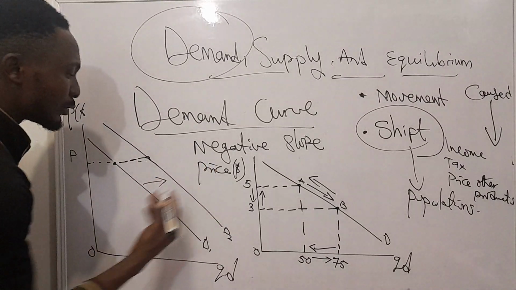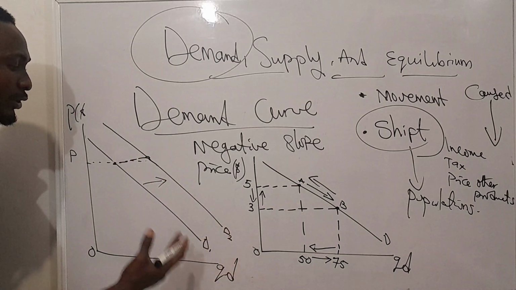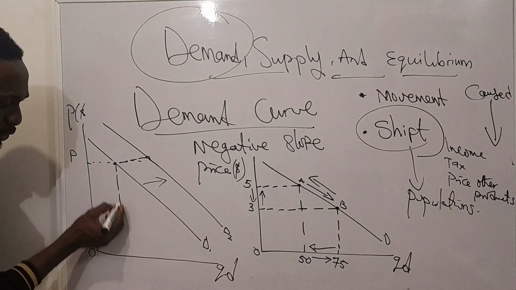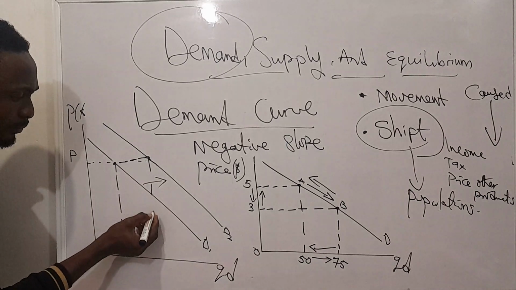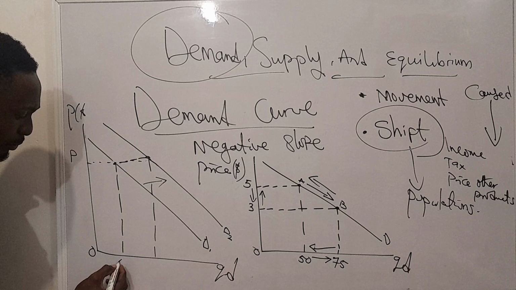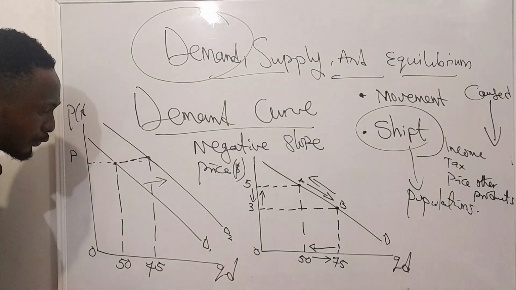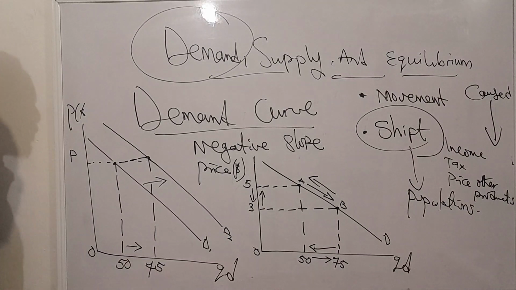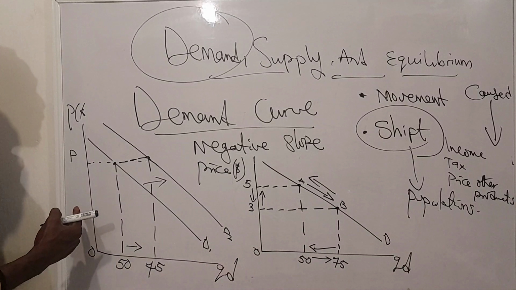So this will be an increase in the amount of goods and services bought for a particular product. So notice that the price of the product has remained the same. However, the amount of goods bought has changed, we use the same number there, from 50 units up to 75 units. So we can see that there is an increase in quantity demanded. So what are the things that might have caused this increase in quantity demanded?